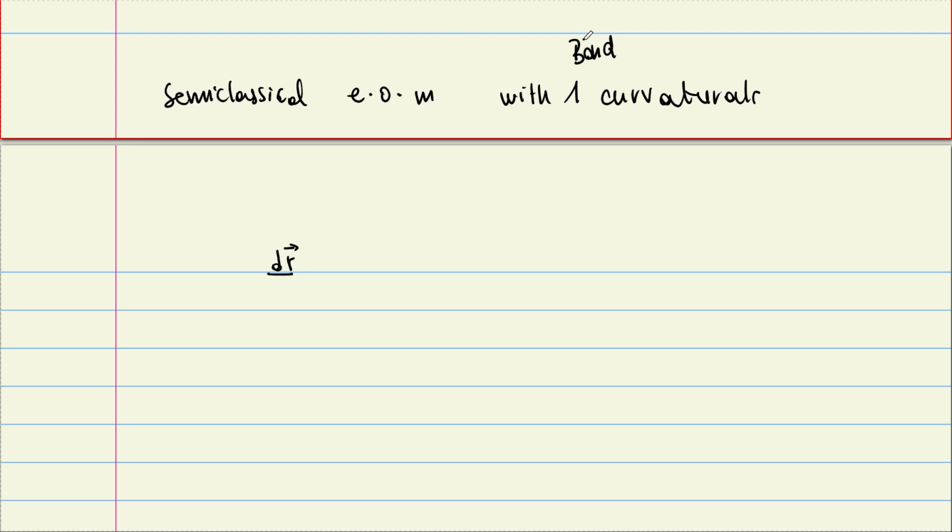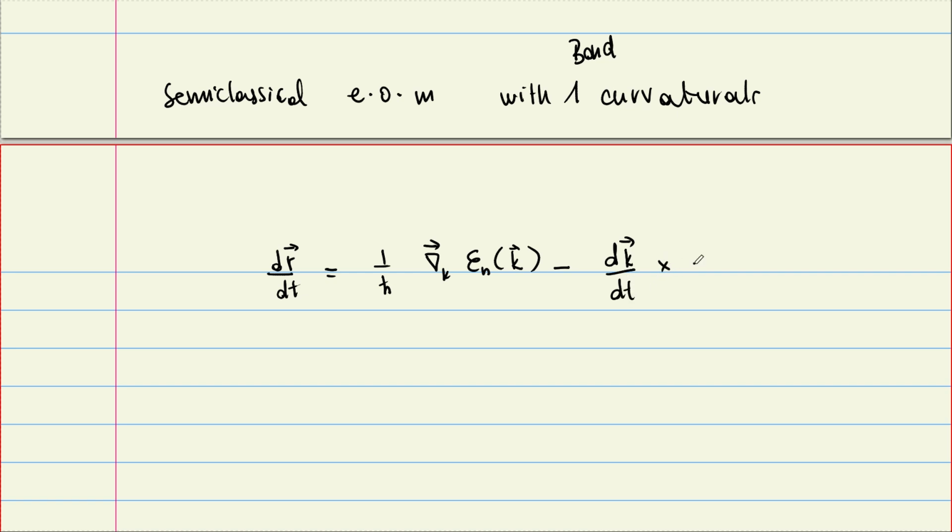It's this higher Berry curvature. dr dt is equal to 1 over h bar del k epsilon n of k. This is the usual contribution we had previously. Now we have this new contribution, dk dt cross b n of k. And this looks a lot like Lorentz force, right?